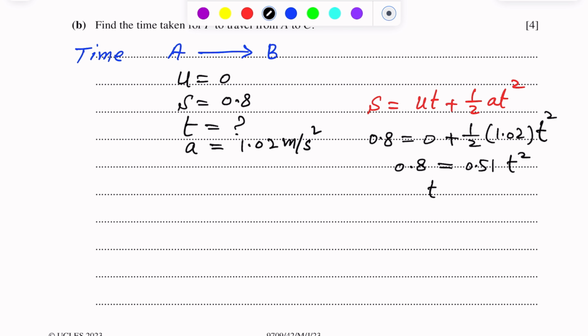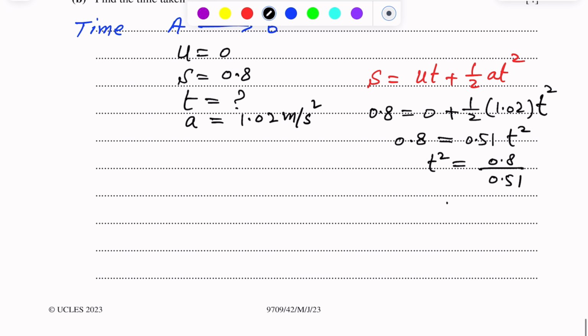From here, t square is equal to 0.8 over 0.51. Taking square root each side, we get the value of t is 1.25 seconds.